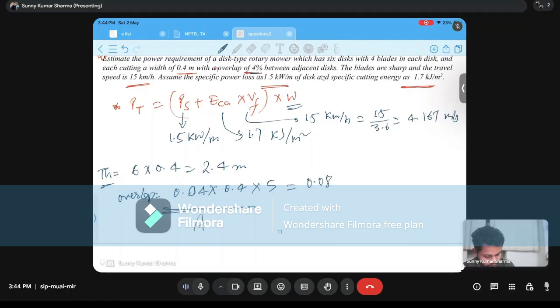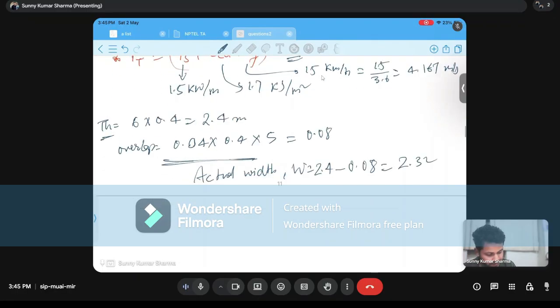So the actual width W is equal to 2.4 minus 0.08, which is 2.32.